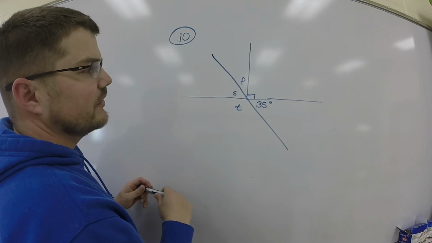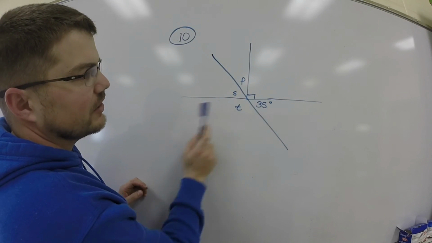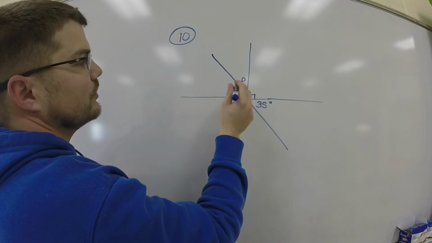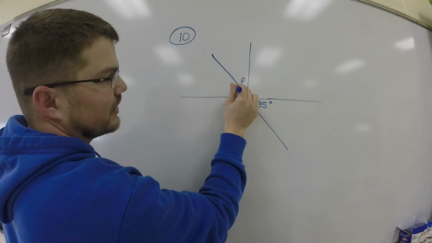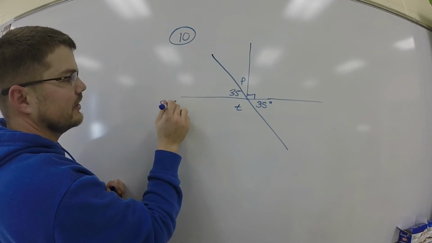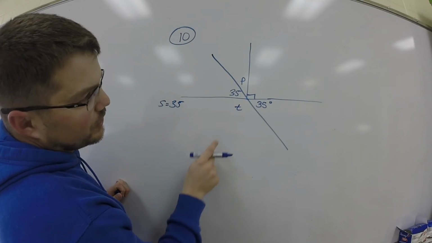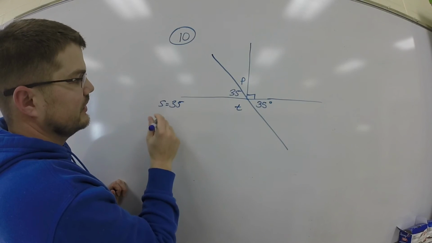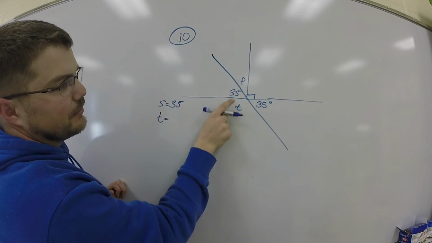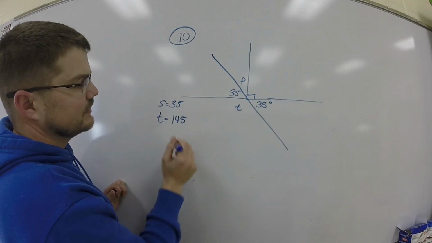So the first thing I see is angle S is vertical with this 35-degree angle. So I know S is 35. So I'm going to come out to the side and write S equals 35. Okay. I also know that this angle T is supplementary to 35. So T is going to be 180 minus the 35, which gives me 145.